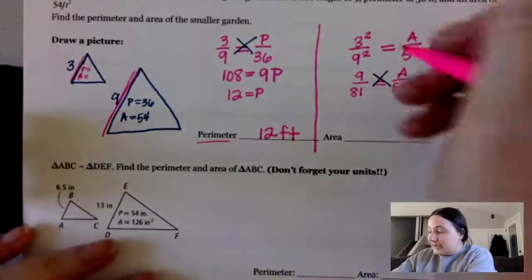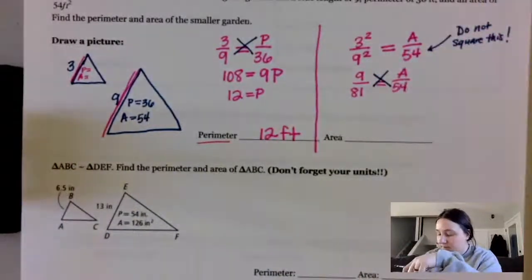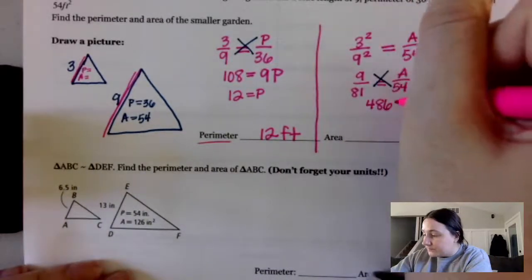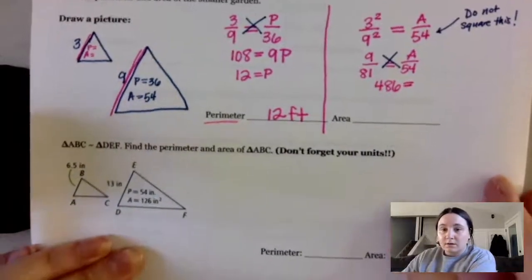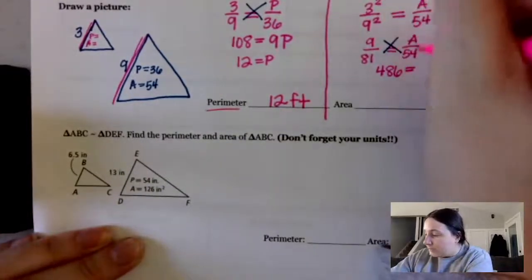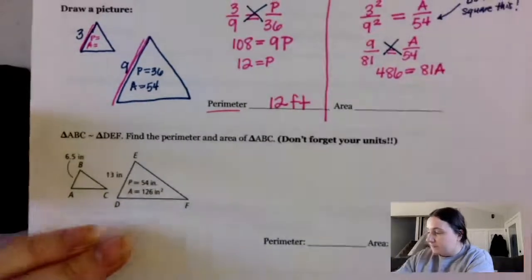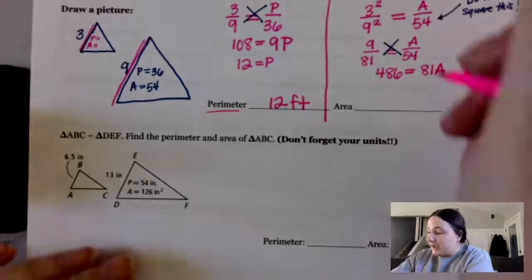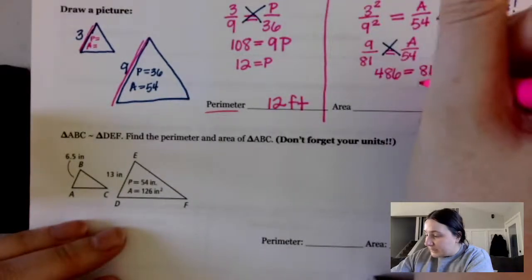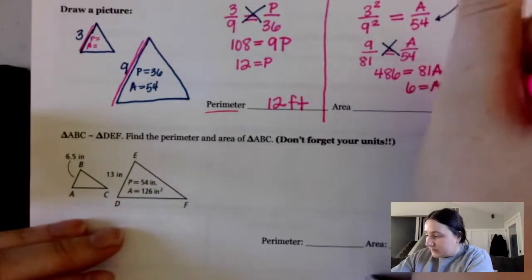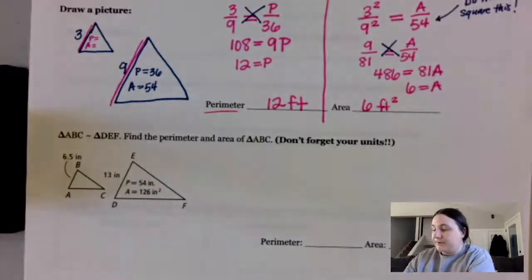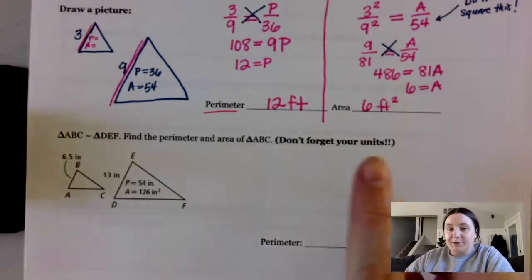So 9 times 54 gives me 486, and 81 times A gives me 81A. Then I can just divide both sides by 81 to give me 6. So my area is 6 feet squared. Remember to use the unit.